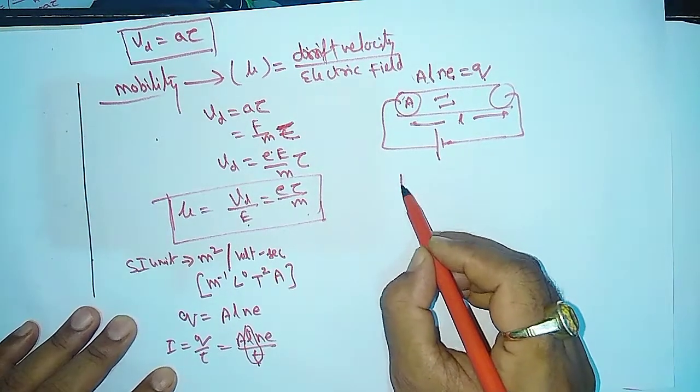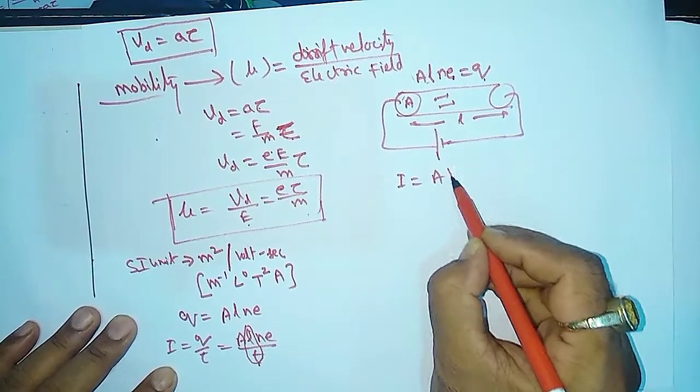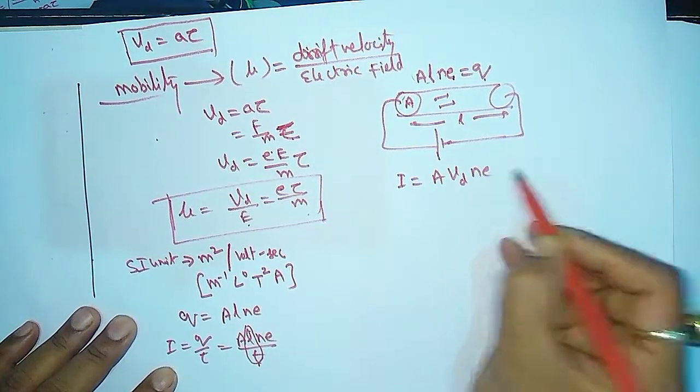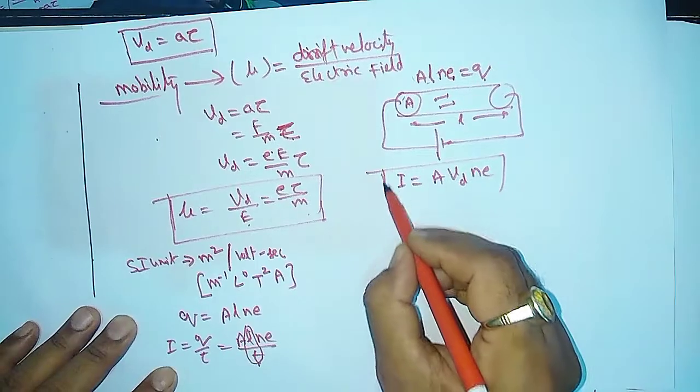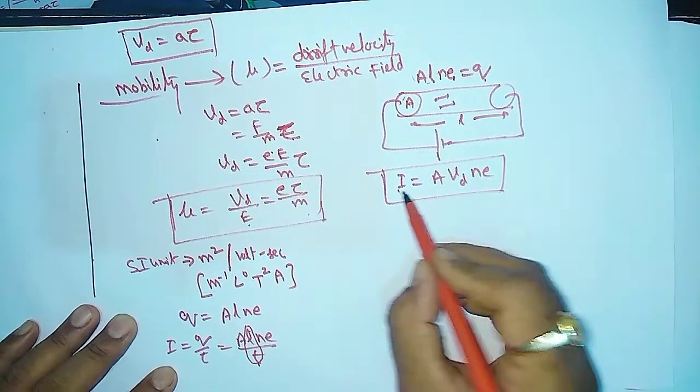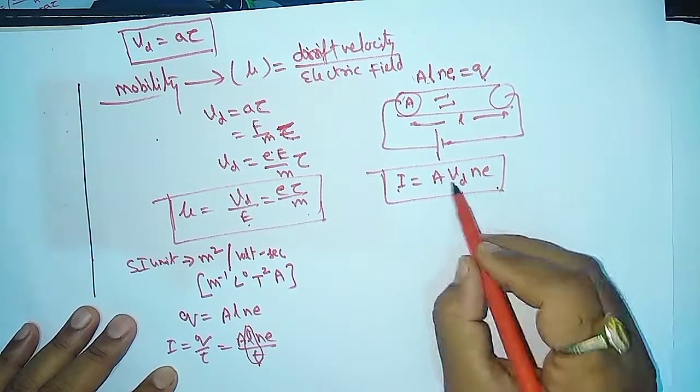So we can write here I is equal to A Vd n e. So this is a relation between the electric current and the drift velocity.